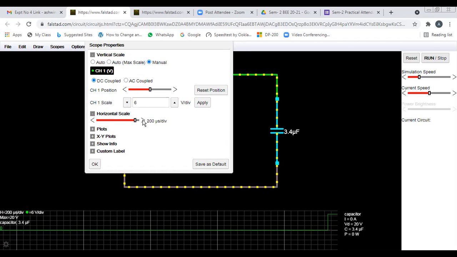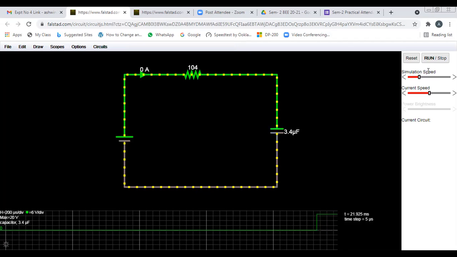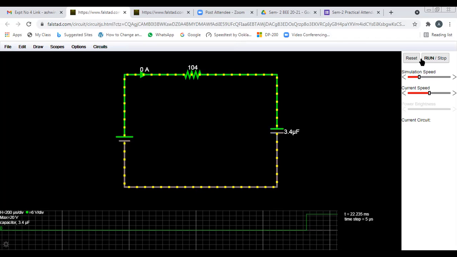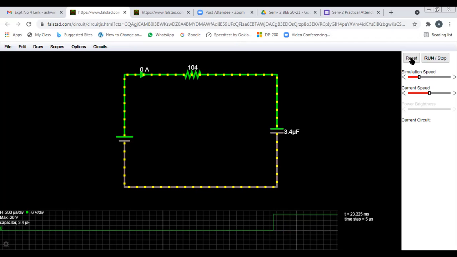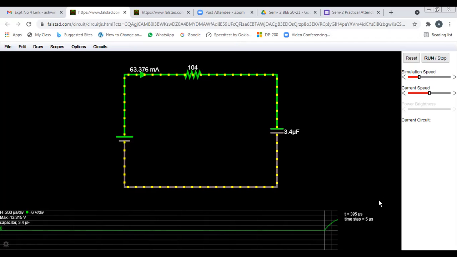One minute, I'll click OK again and do that. I'll reset this. Once you reset, now you can see whatever we have seen in theory, the same as in the earlier handwritten copy.